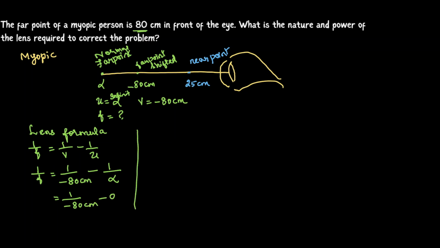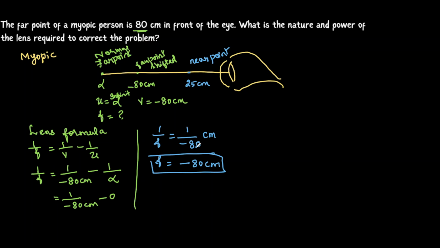So 1 by f is equal to 1 by minus 80 centimeter. f is equal to minus 80 centimeter. So we found the value of f.